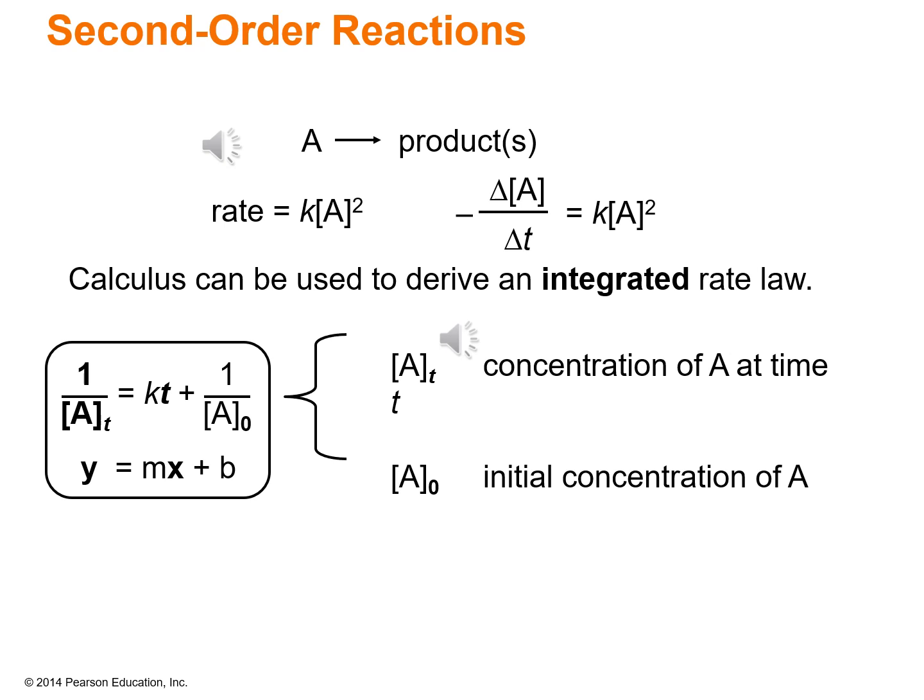In second-order reactions, we see one whose rate depends either on the concentration of a single reactant raised to the second power, or on the concentration of two different reactants, each raised to the first power.